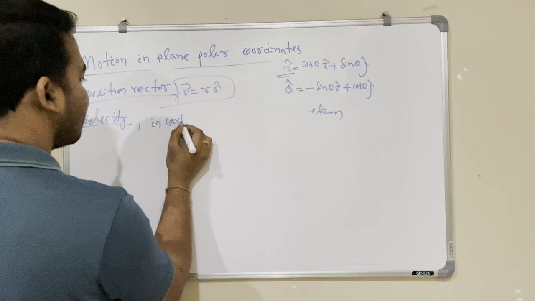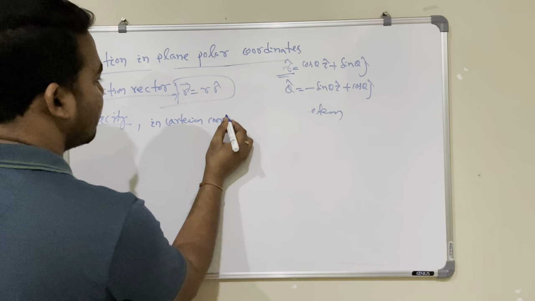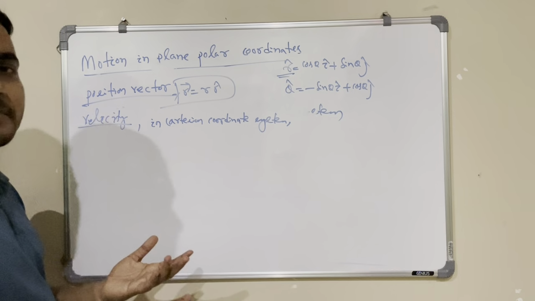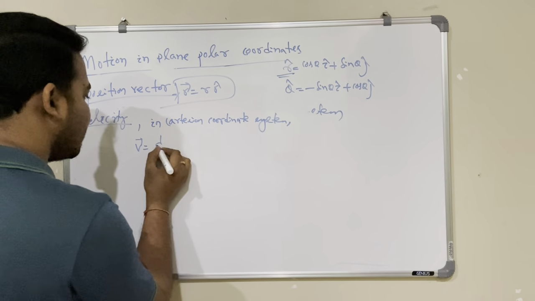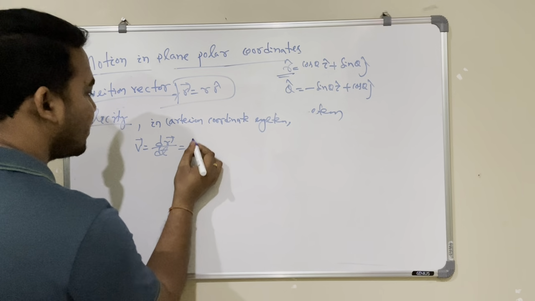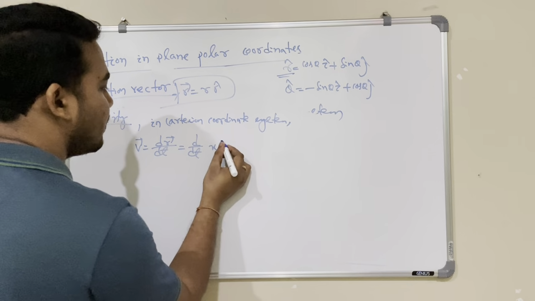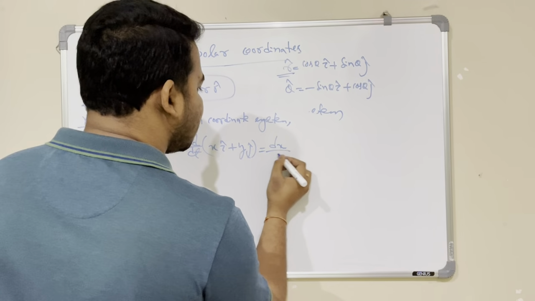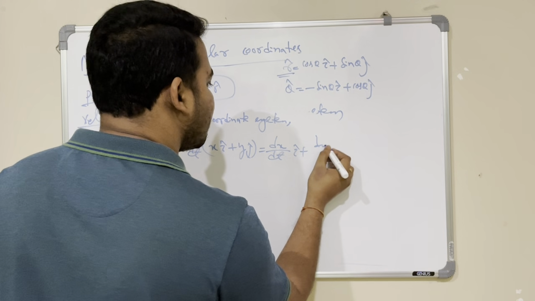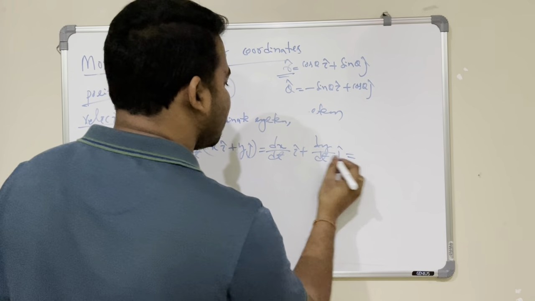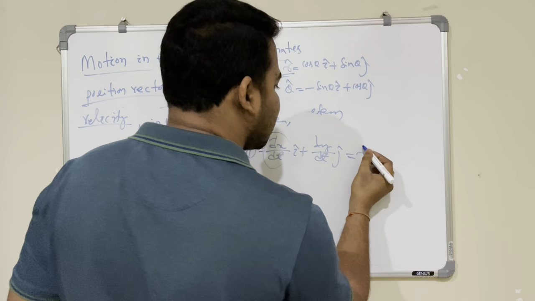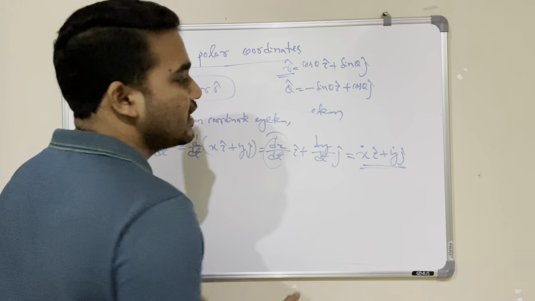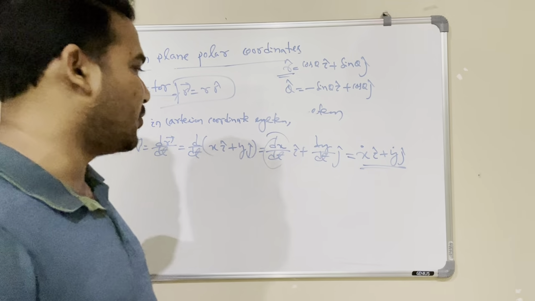The velocity v is the time rate of change of position vector. So this is d by dt of x i cap plus y j cap, which is dx by dt i cap plus dy by dt j cap. So you can write this as x dot i cap plus y dot j cap. This is the expression for velocity in Cartesian coordinate system.